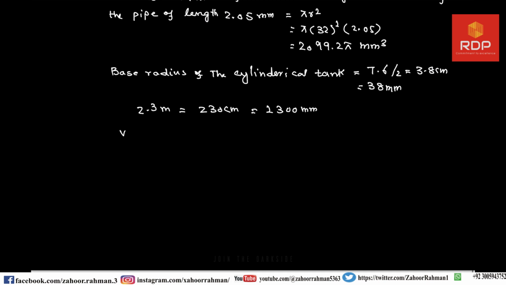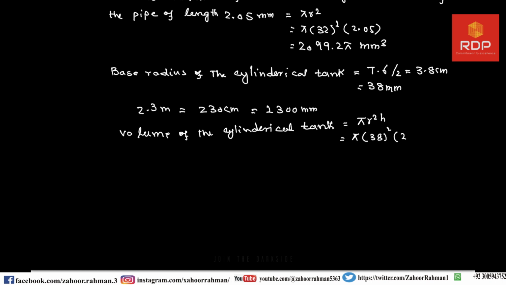Volume of the cylindrical tank is equal to pi r square h, and in this case we are going to insert the found value 38 of the radius taking square, and h is 2300.